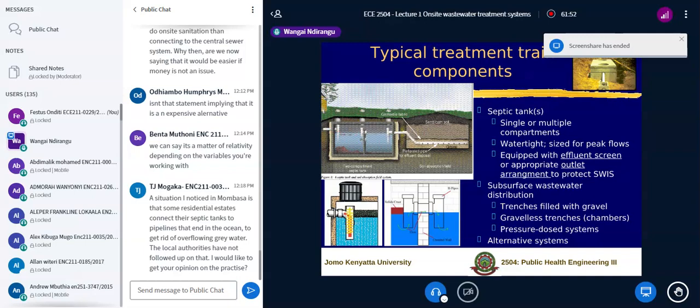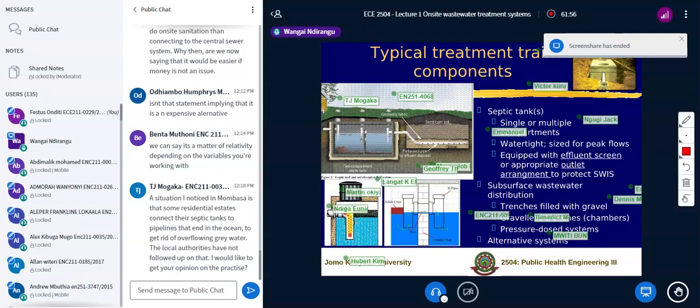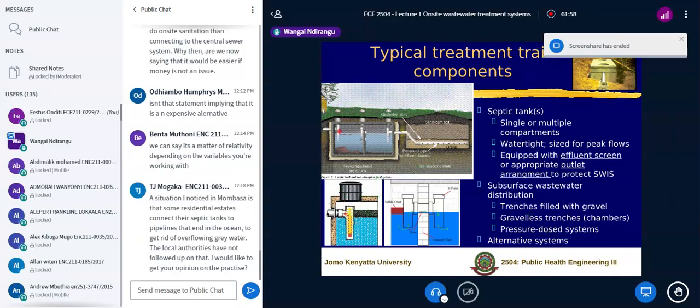If you look at the water level there, you'll notice that the outlet arrangement regulates the level of the water. And you'll notice that the inlet is about 150 millimeters above the level. Why do we do that? We do that to prevent backflow.